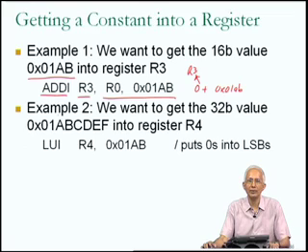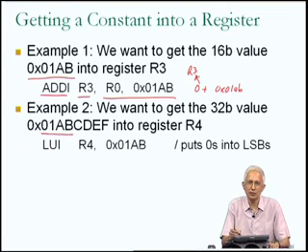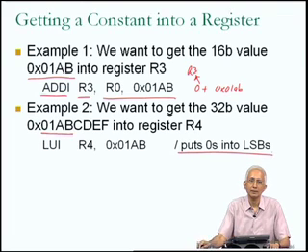If I use a load upper immediate to get the most significant 16 bits, in other words 0, 1, A, B, into the most significant 16 bits of R4, and I recall from my description of the load upper immediate instruction that it puts zeros into the least significant bits, then the effect of the first instruction is that I have 0, 1, A, B in the most significant bits of register R4 and zeros in the less significant bits of R4.